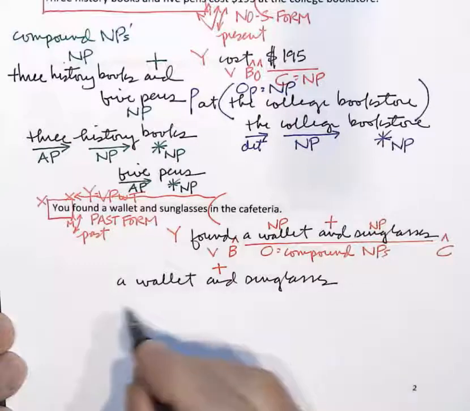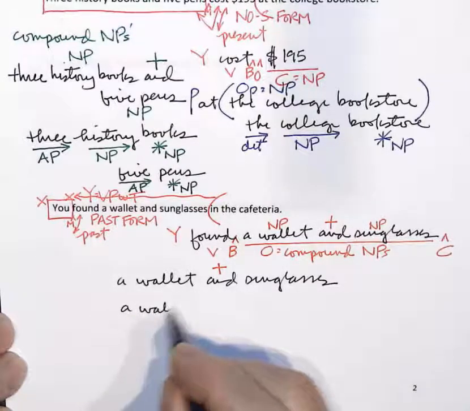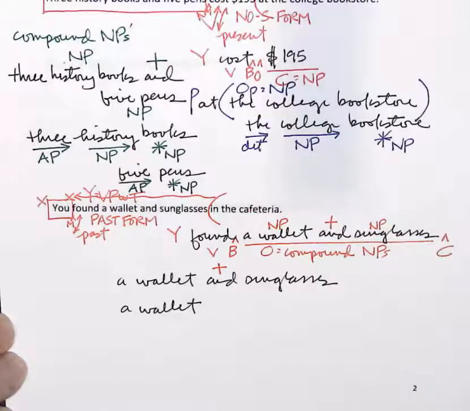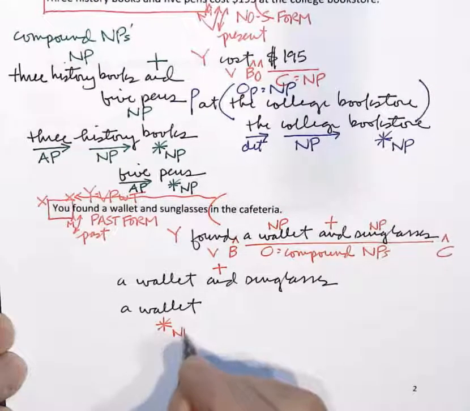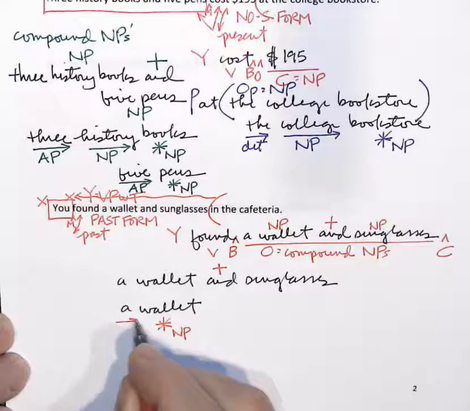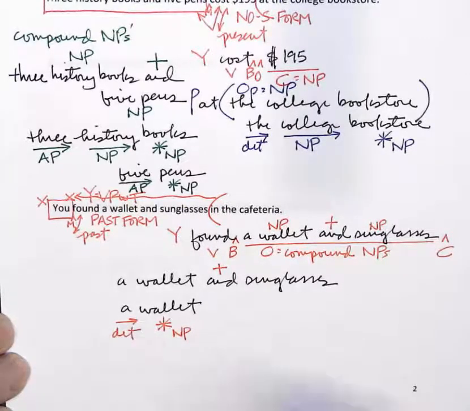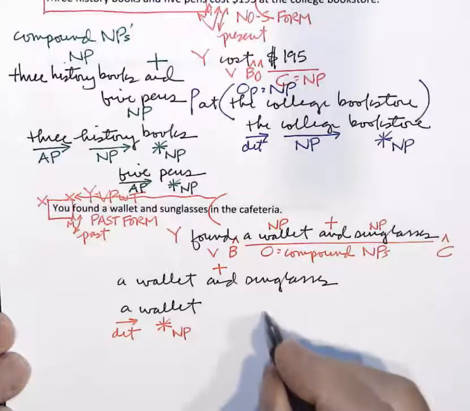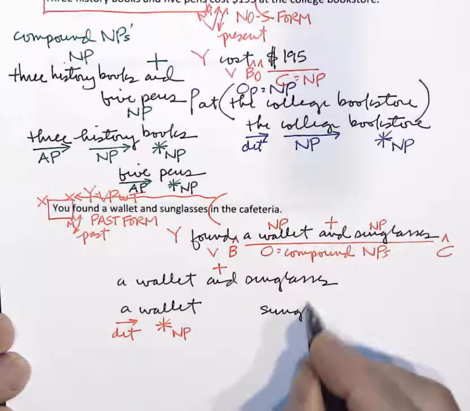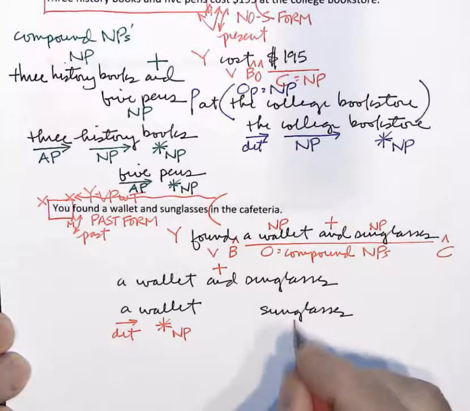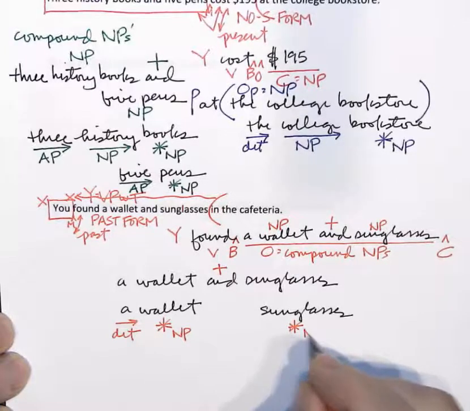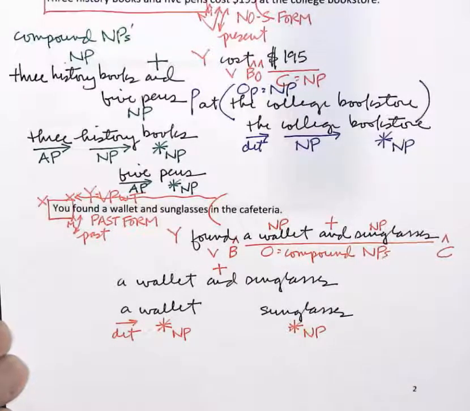So let me just rewrite that again. Wallet. And wallet is the head. Noun phrase. A is a determiner. Sunglasses is the second noun phrase in our compound. And sunglasses is a noun phrase head by itself.